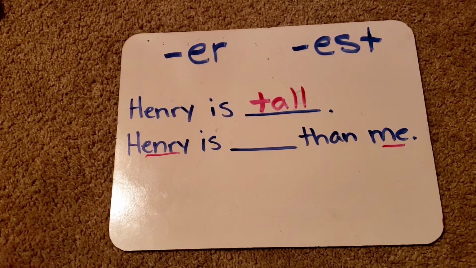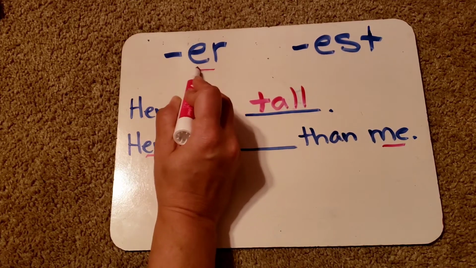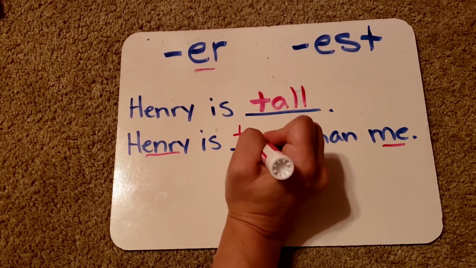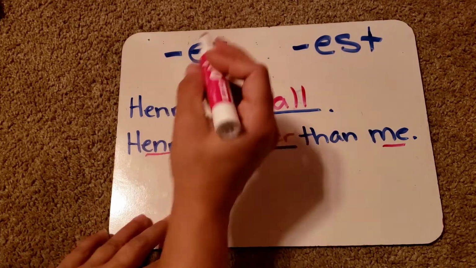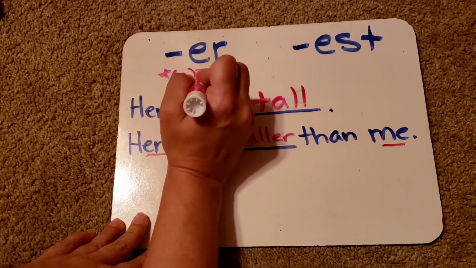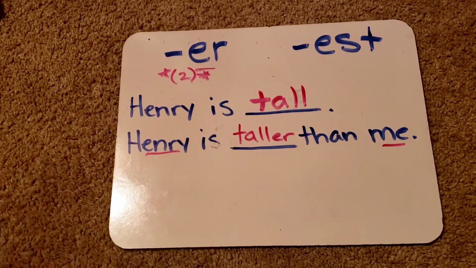When you're comparing just two people or things or places, just two, we're going to use an ER. So here, Henry is taller than me. So this is two, right? We need to remember that. If it's only two things or two people, we use ER.